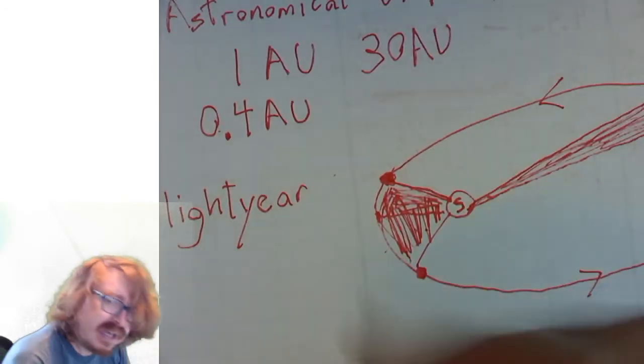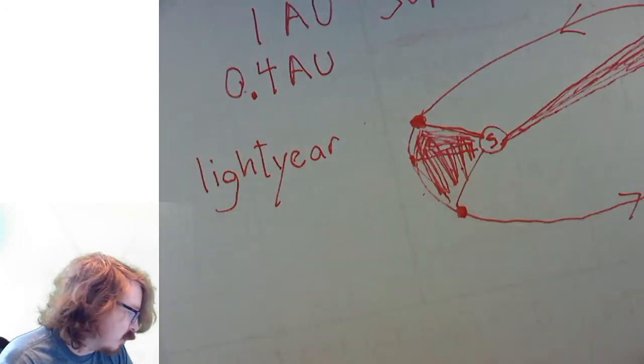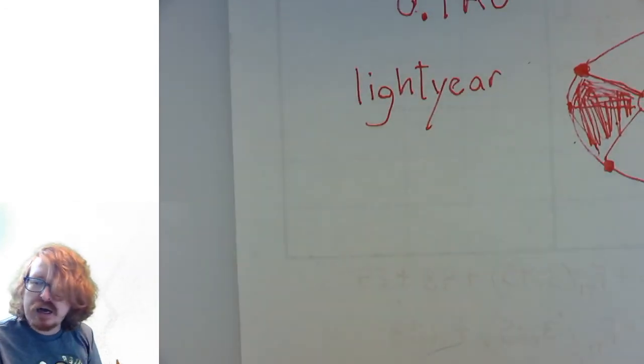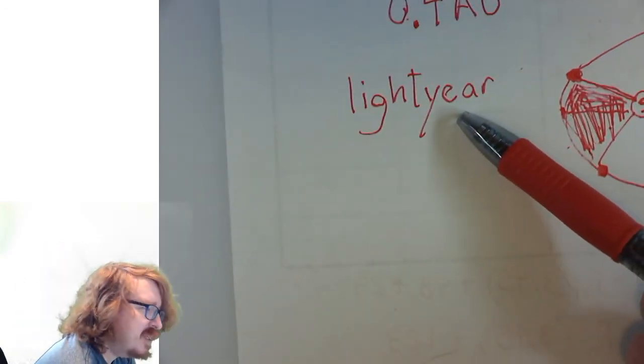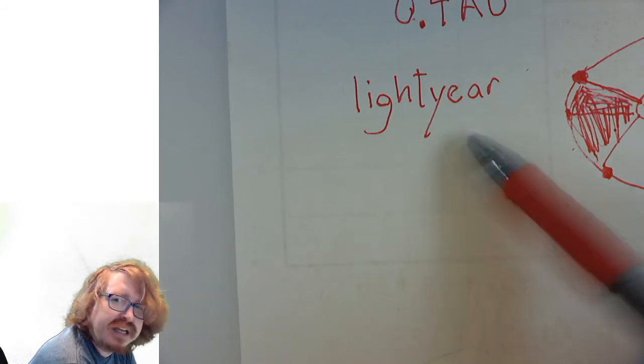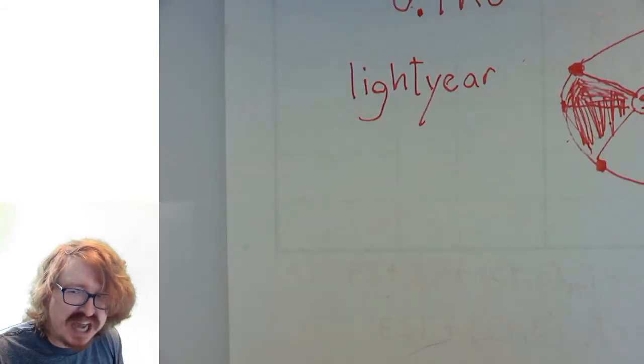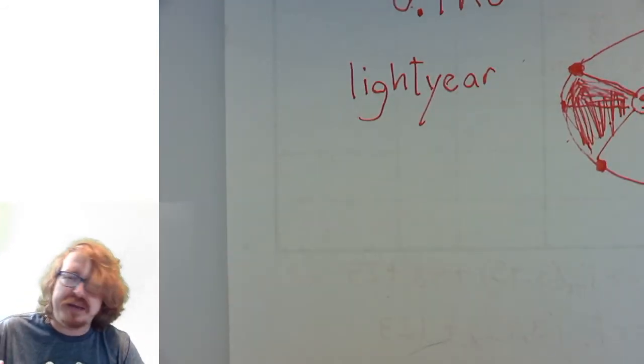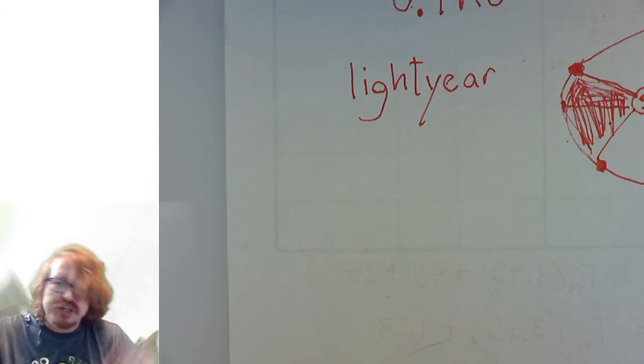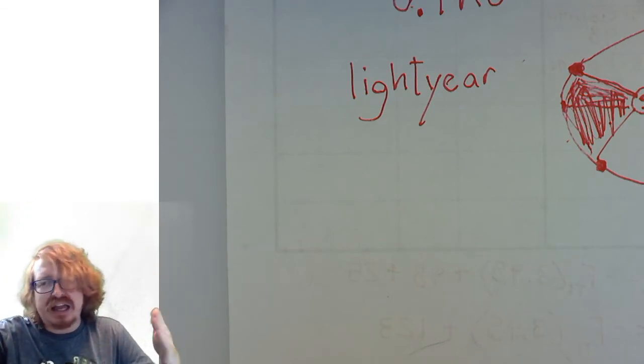So check it out. Light years. What is a light year? Well, there's a bit of a problem with the word light year. The word year is a unit of time, so a lot of times in sci-fi movies, they'll use light years as a unit of time. Like they'll have an alien show up and he'll be like, oh, my age is 45 light years.